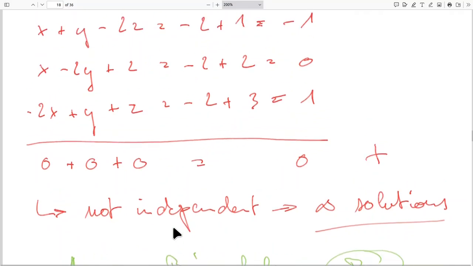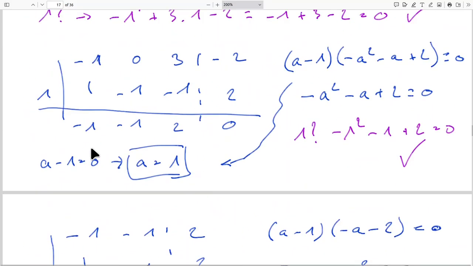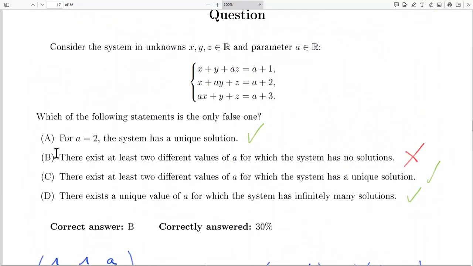So that means answer B is false, and answer B was: there exist at least two different values of a for which the system has no solutions. This is false because there's only one value of a, being 1, for which that system has no solutions.